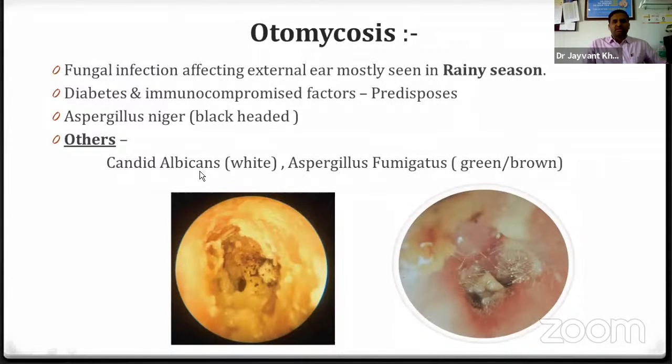If there is a fungal pathology of Candida albicans, then you can see it as white. Aspergillus fumigatus you can see as green or brown, and Aspergillus niger you can see in black color.